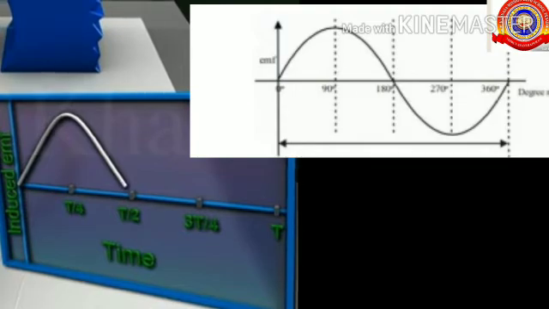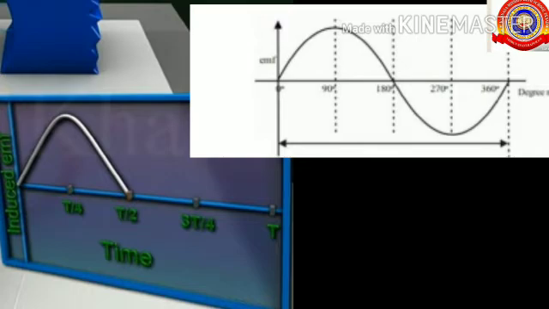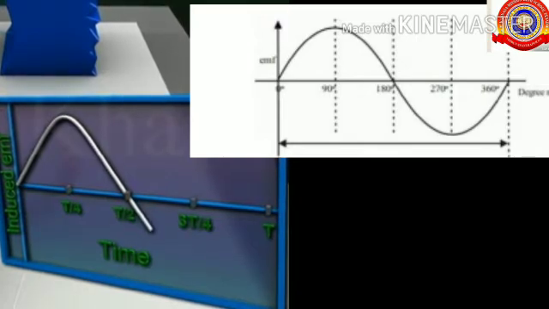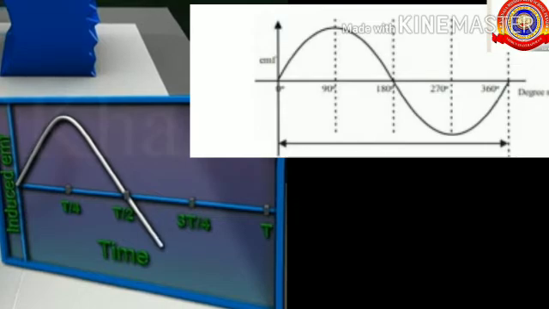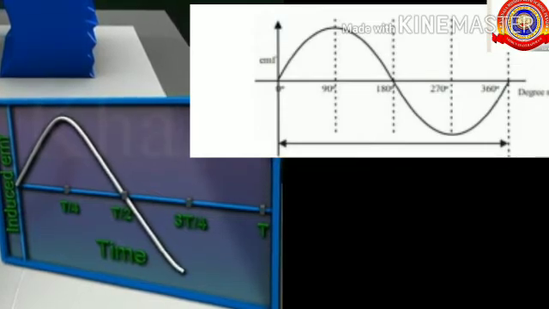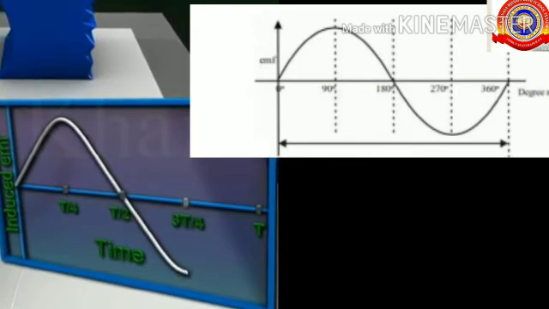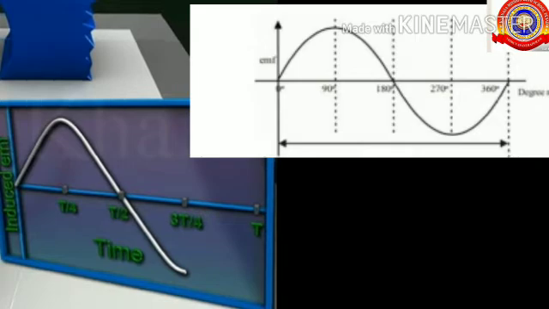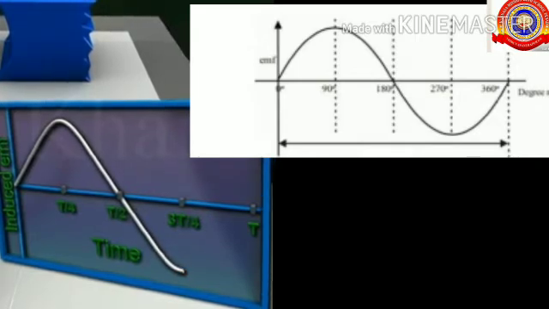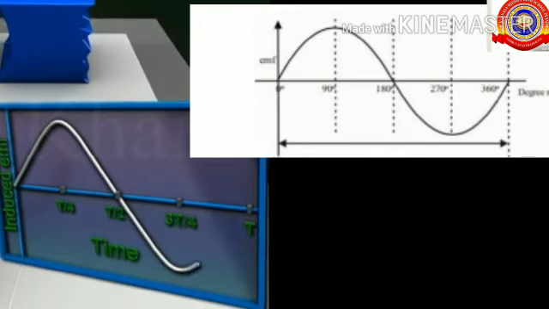This graph shows that the direction of the induced EMF produced in the armature coil changes according to the rotation of the coil. And this graph shows the EMF of the voltage produced with the time, that is the period T.